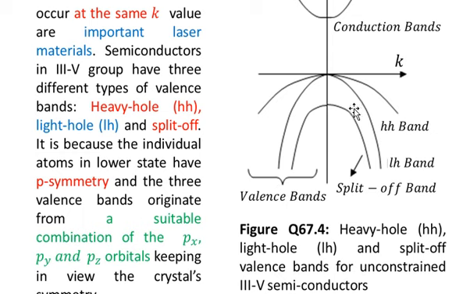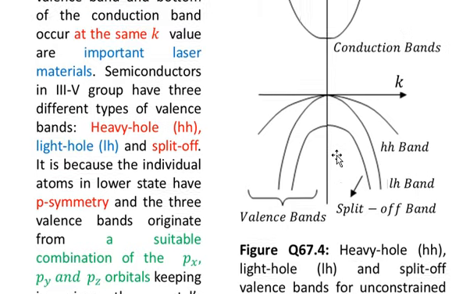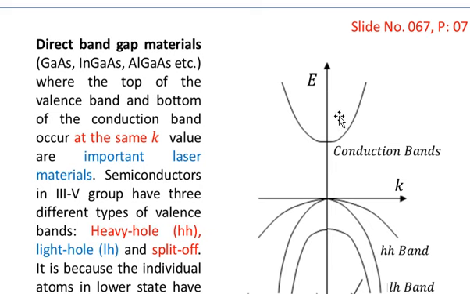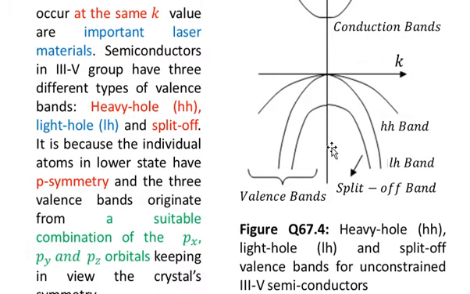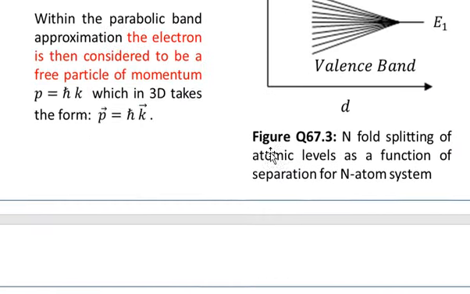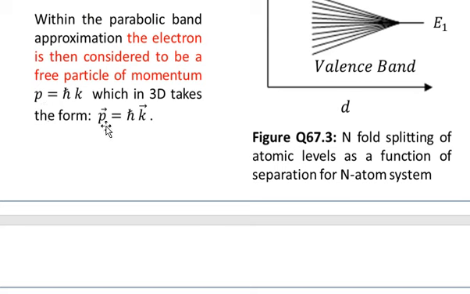So these negative energies show that these electrons are strongly bound electrons in the valence band, whereas in the conduction band the electrons can move and can be treated as free electrons. We can also treat the electrons within the valence band as free electrons having the momentum p is equal to h bar k, and in 3D the momentum will be given by p vector is equal to h bar into k vector.